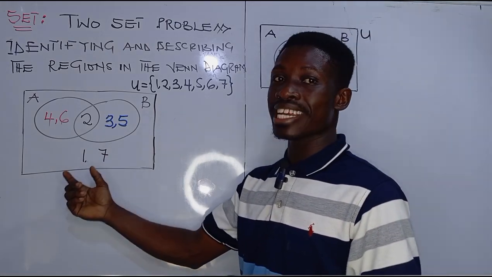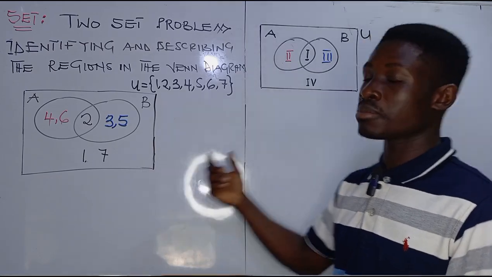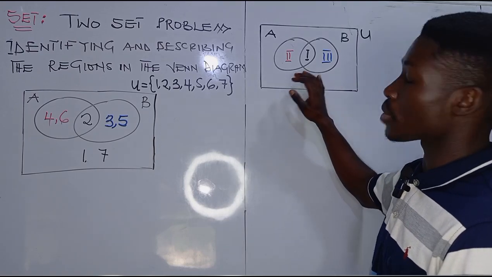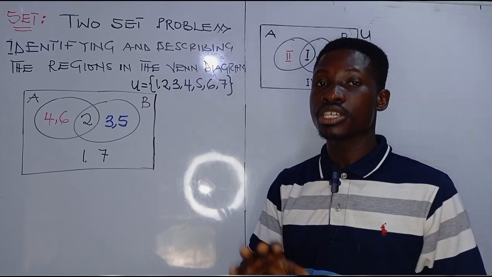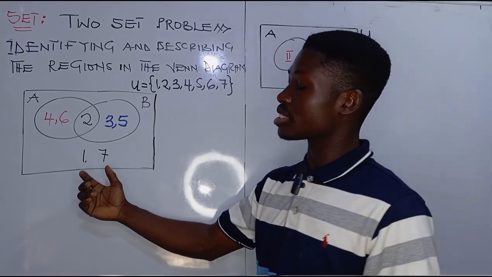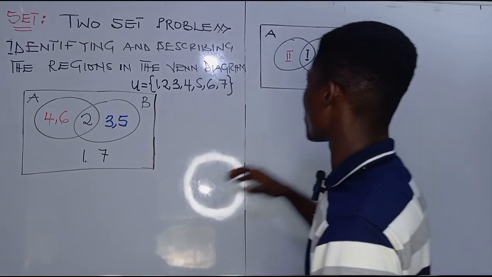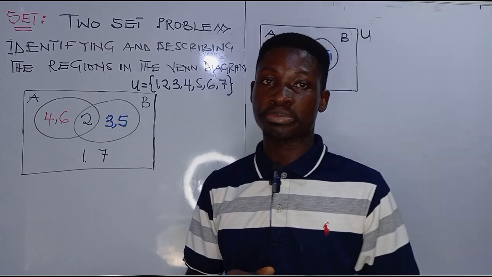Remember, this is a duplicate of this Venn diagram. This is the same as that, but I have represented the regions in this particular Venn diagram with Roman numerals. So this is going to serve as a guide to enable us to identify and describe the regions in the Venn diagram.